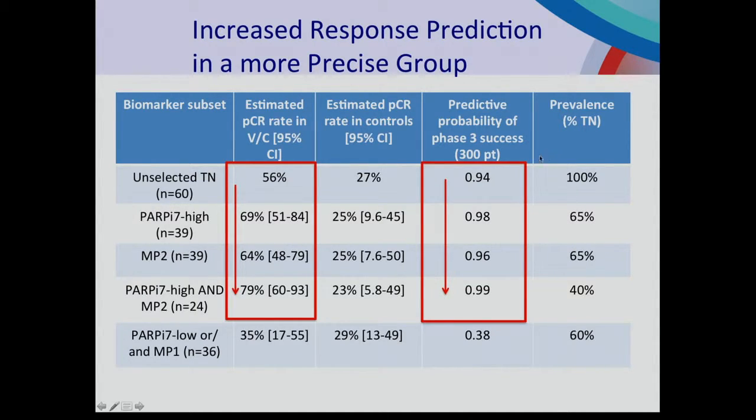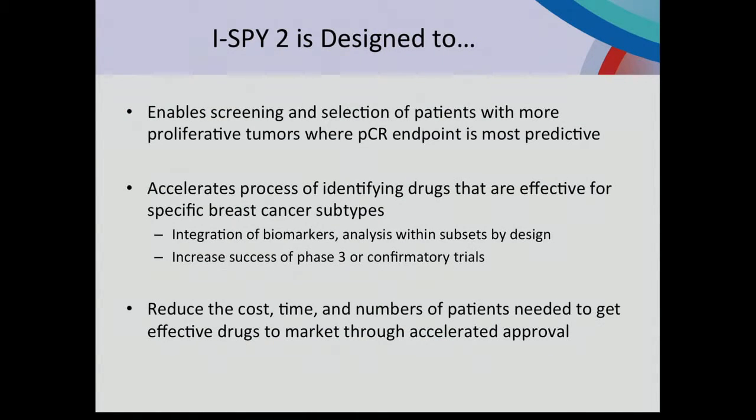So we hopefully can test our biomarker combination to see if we can identify there again the ones that truly respond. So we screen in I-SPY 2 patients with high risk, more proliferative tumors, where this pathological complete response is predictive for therapy response, and actually we know is also predictive for long-term outcome in general.